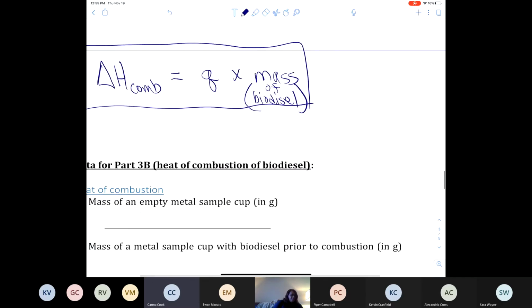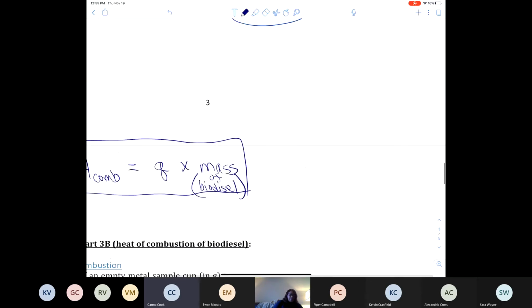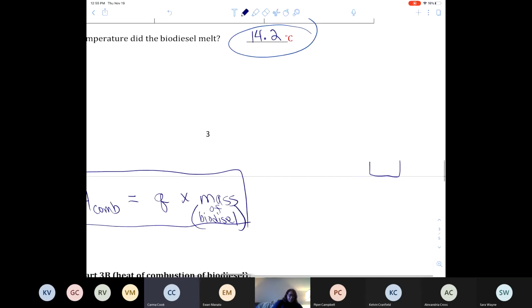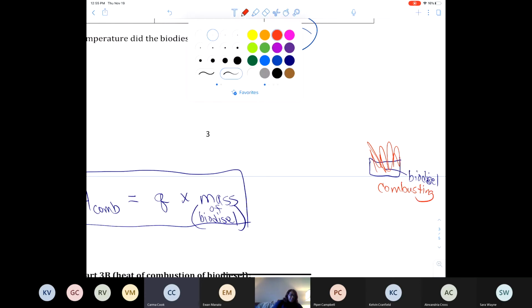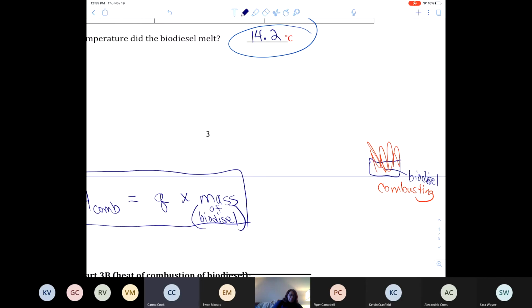And so what's going to be happening in the video that you'll watch is that you're going to have in a sample cup your biodiesel, and I set it on fire with a match. So it's burning, it's combusting. And then above that sample cup with the combusting biodiesel, there is a soda can that has 100 milliliters of deionized water.